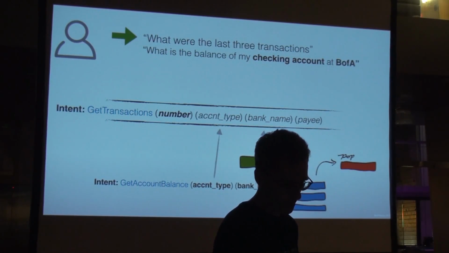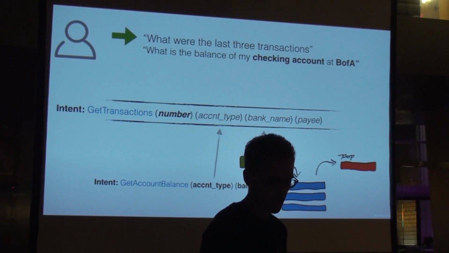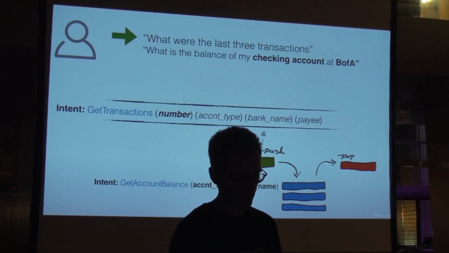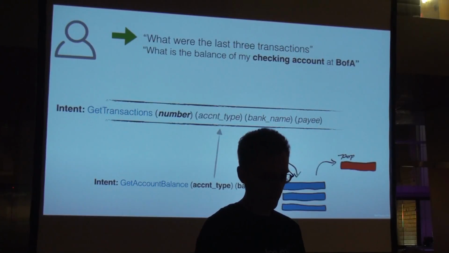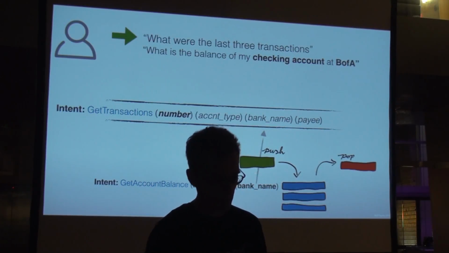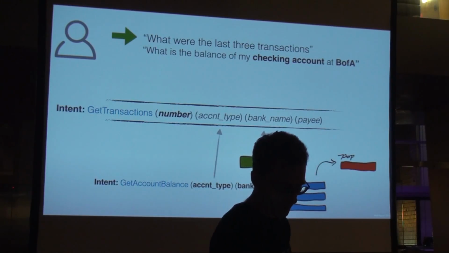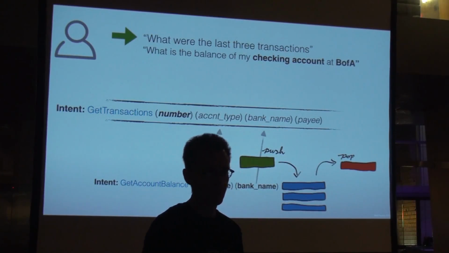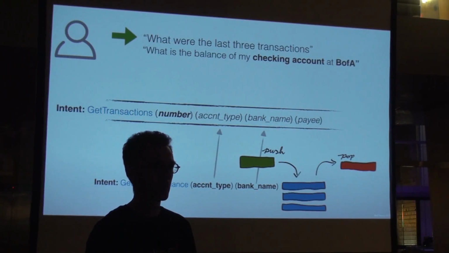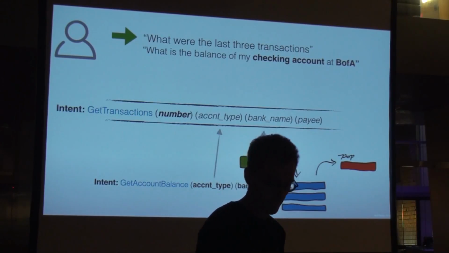So here you see the example. My intent is get transactions, and I have different entities, all optional. I can ask for a number, I can ask for an account type, for a bank name, or a payee. And you see that 2 of the entities that were used in the previous request, in the previous intent, are compatible. So I can just reuse them.